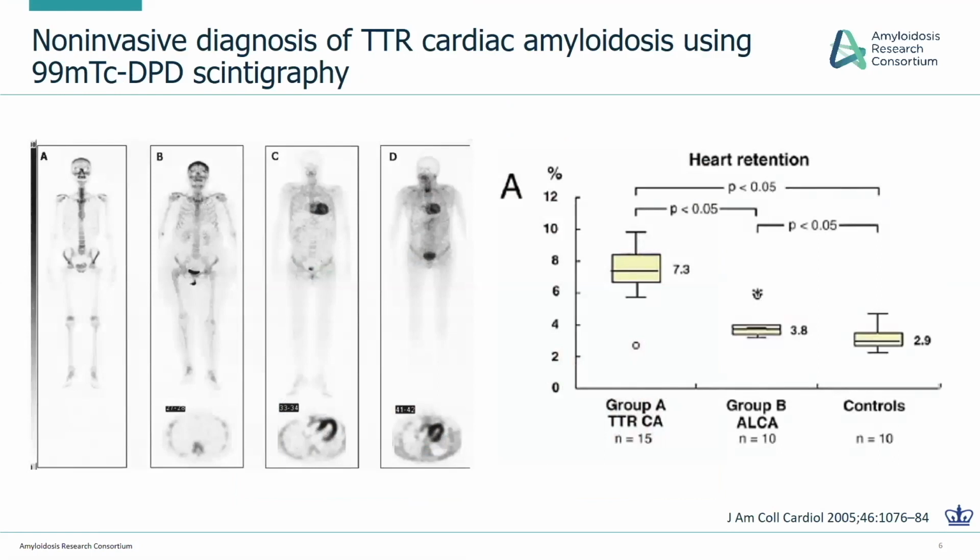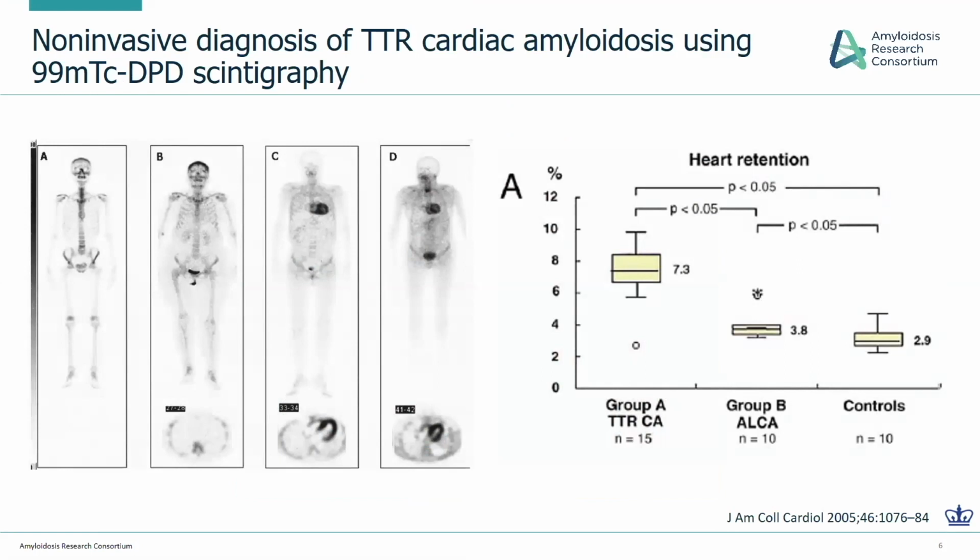These are data attributed to Claudio Rapezzi in Bologna, who really brought this technique back to the forefront, notable in this publication in JACC in 2005 in a small series of patients in which they did DPD scintigraphy. DPD is the bone scintigraphy isotope used in Europe.